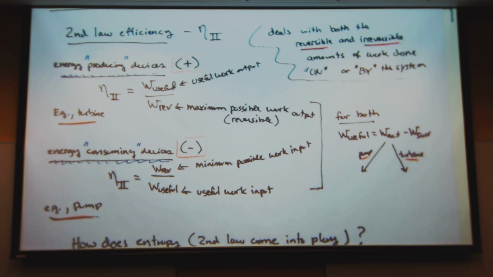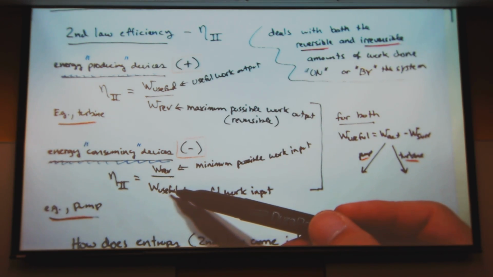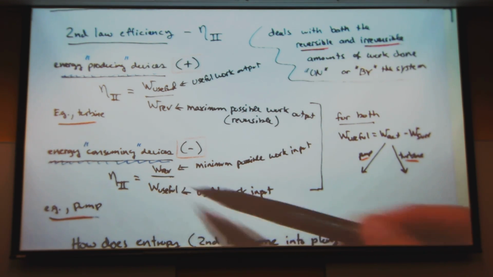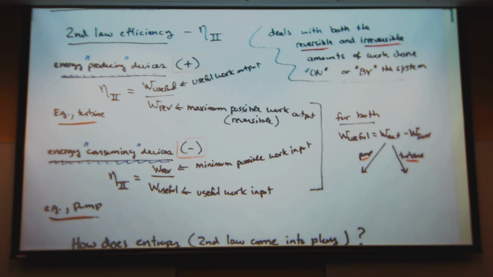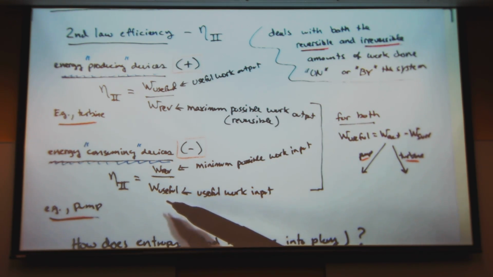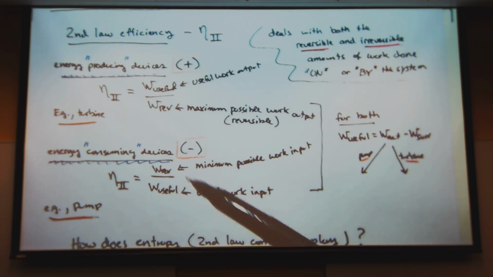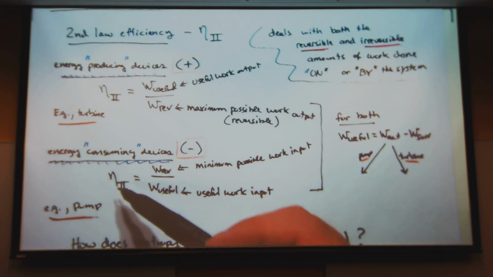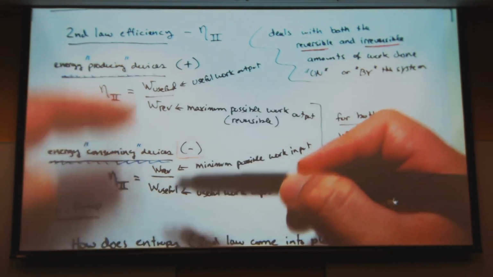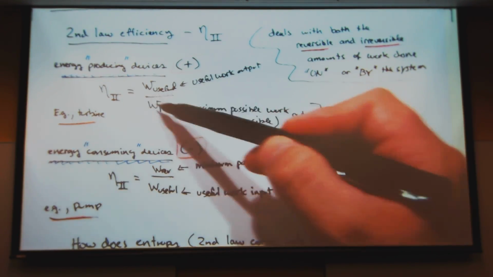And so we had some fluid flow in, plus we had shaft into the pump. Well, the work useful input is just the shaft input here. So it's very similar to before. But we have these two forms, and you can see they just get flipped, and this is output and this is input.